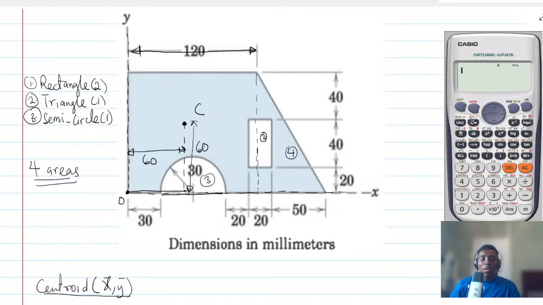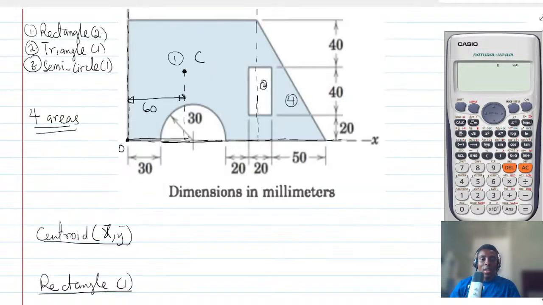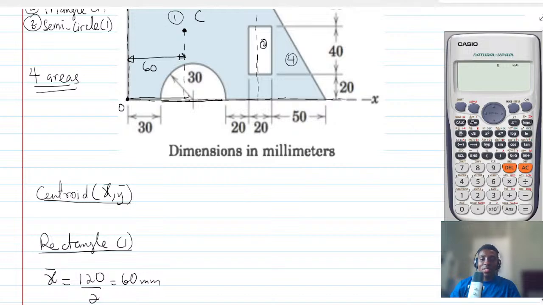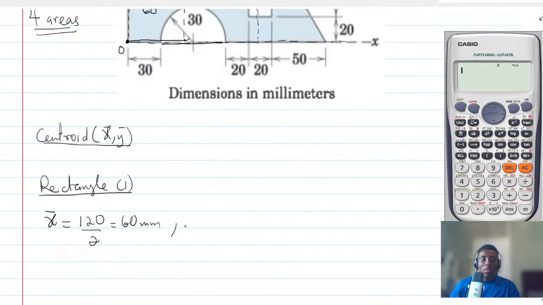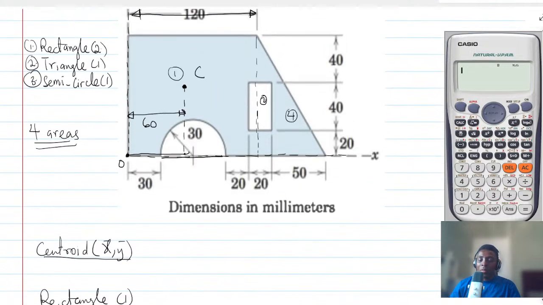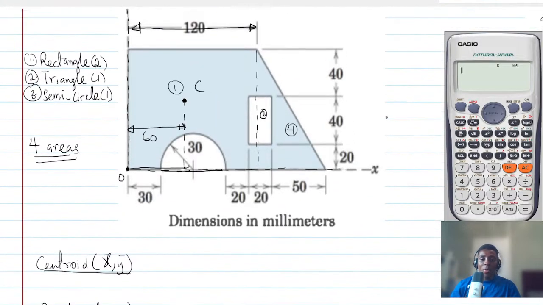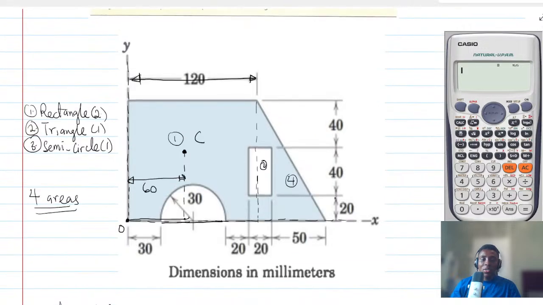Sorry. It's actually not exactly half. If you look at the y, so the x is 60 but the y is not 60. Now if you look at the shape very well, the distance going up here is not exactly 60.